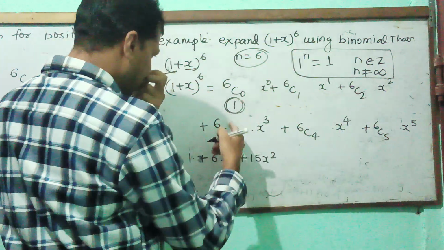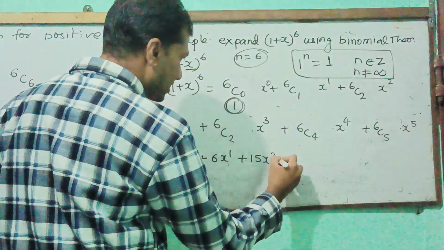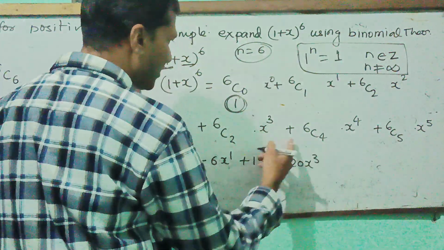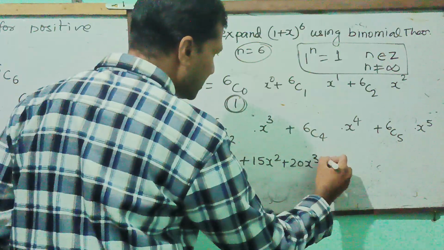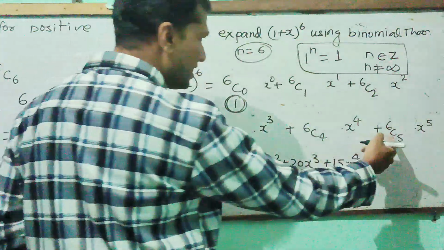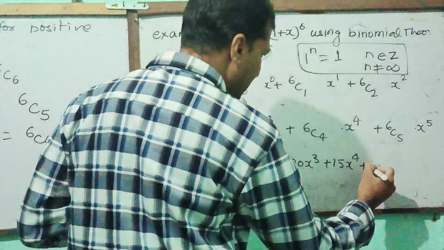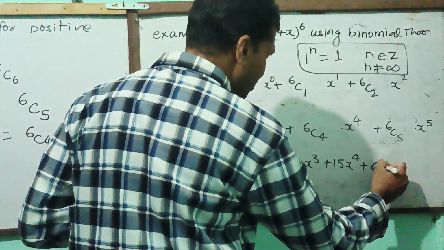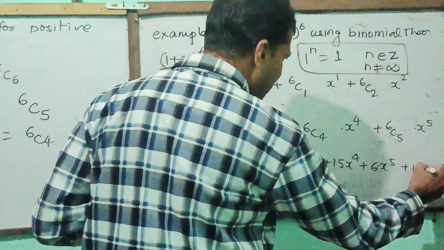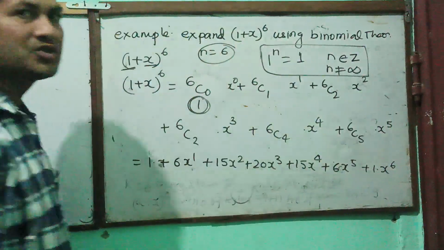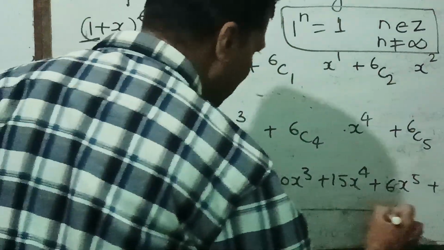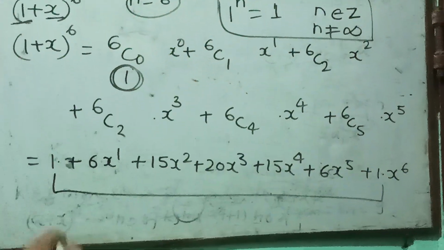Then 6C3, 20 x to the power 3. 6C4 is 15 x to the power 4. 6C5, 6 x to the power 5, and last term we have 1 into x to the power 6. So what we can observe over here, first term and last term the coefficients are same.